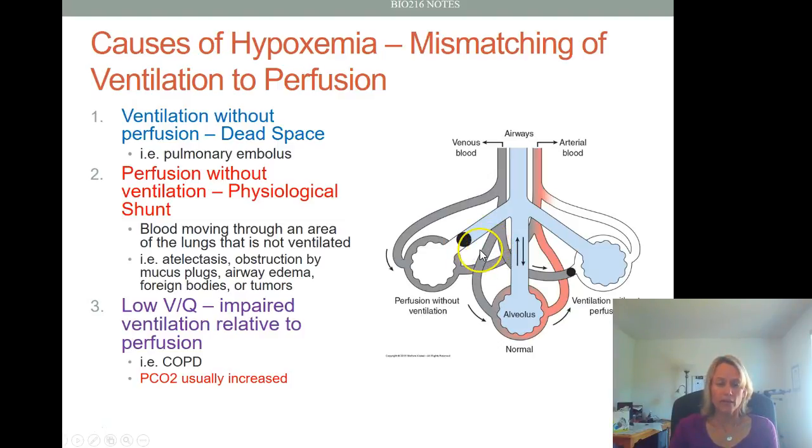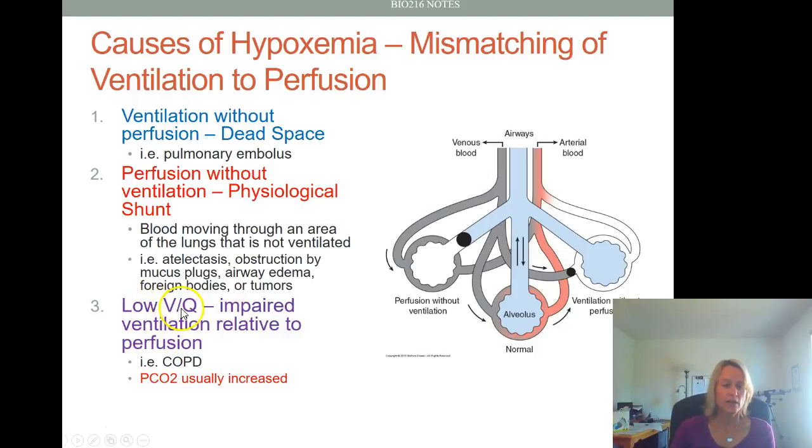More common, though, with like COPD, which is a very common lung disorder, we have a mismatch of ventilation to perfusion, where we have low ventilation to perfusion, and that is impaired.